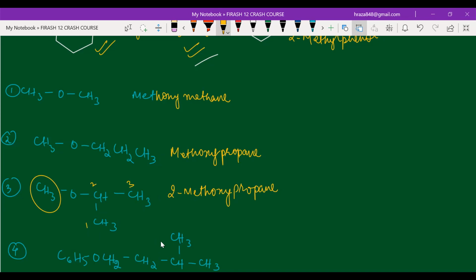What about this? 3-methyl butoxy. Can you tell me which one is the parent chain, left or right?